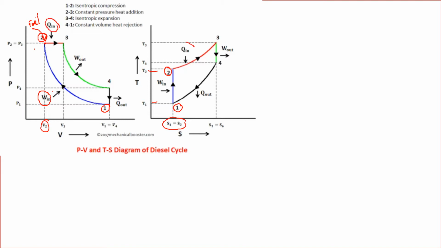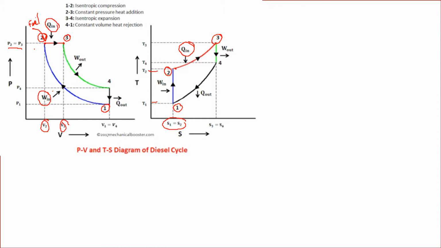As the heat is added, the volume expands to a certain point, volume 3, but the temperature also increases. However, pressure 2 is equal to pressure 3. That is why we are calling it constant pressure heat addition.